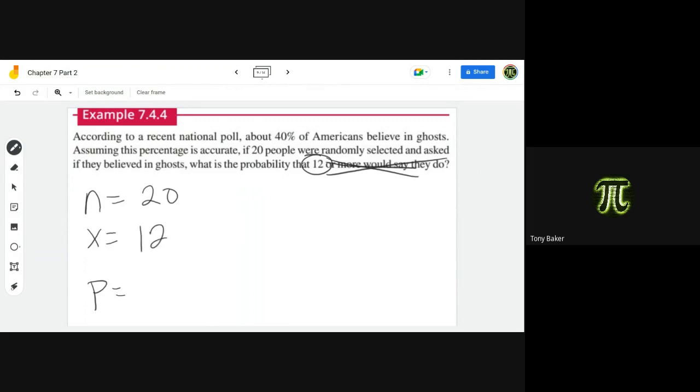That's my x. What's the probability that they would believe in ghosts? 40%, so my probability is 0.40. Probability is always going to be a decimal, because it's got to be between 0 and 1.